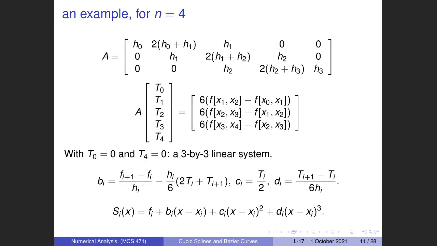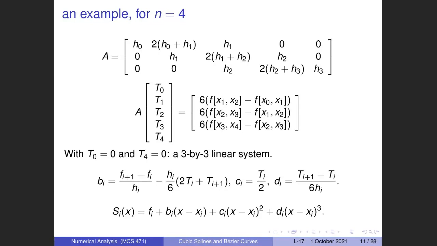All right, and here is the example. This is an example for n equals 4. We have a matrix that is actually a 3 by 3 matrix, but it is written in full generality, not yet eliminating the T0 and the T4.